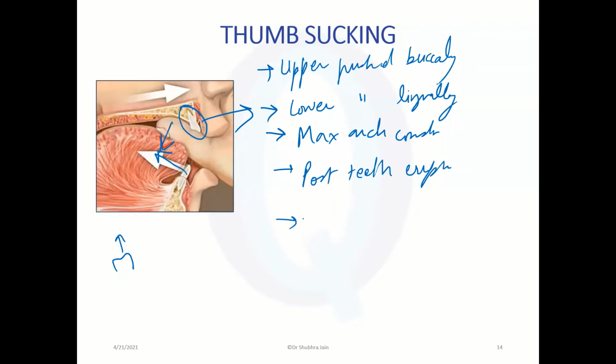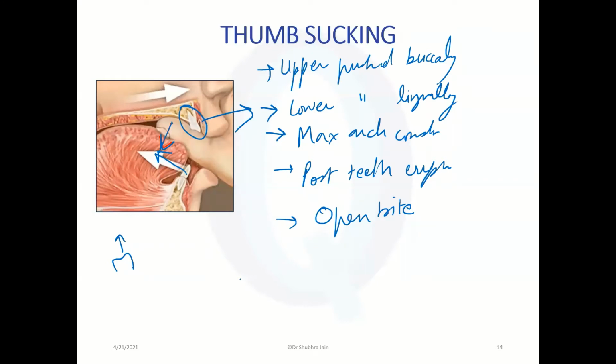Lip trap may or may not happen, but most of the time it does happen because there is an increased overjet, and because of the increased overjet, the lip goes inside. If the thumb is placed on one side, it can lead to asymmetry. Yes, it can lead to open bite. Posterior crossbite, yes, it can lead to posterior crossbite.